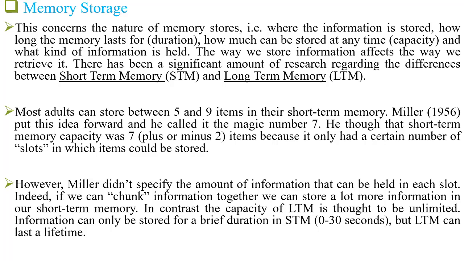So he thought that short-term memory capacity was 7 plus or minus 2 items, because it only had a certain number of slots in which items could be stored. However, Miller did not specify the amount of information that can be held in each slot. Indeed, if we can chunk information together, we can store a lot more information in our short-term memory.